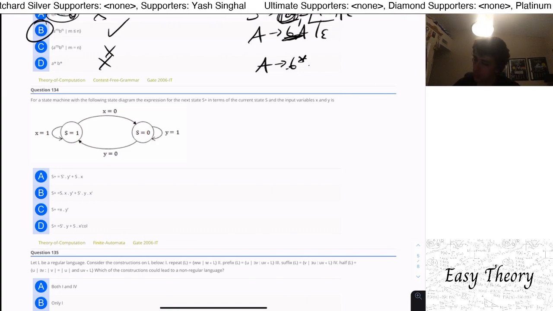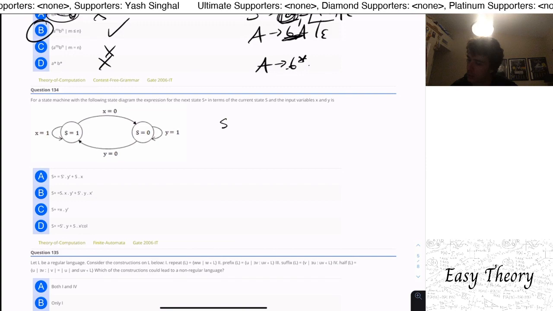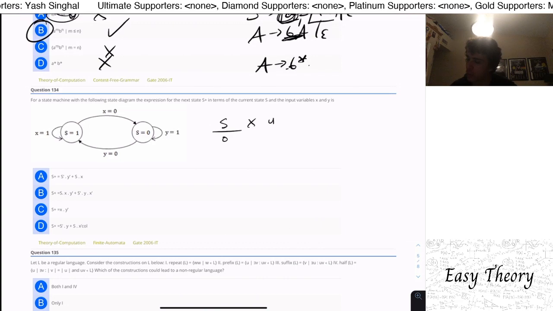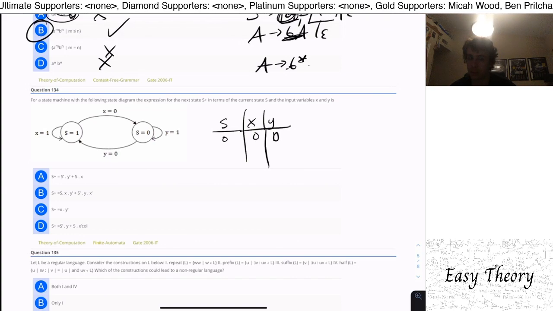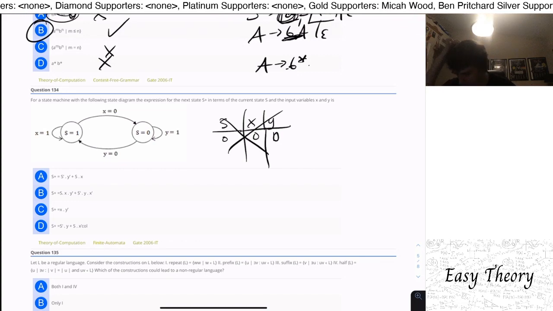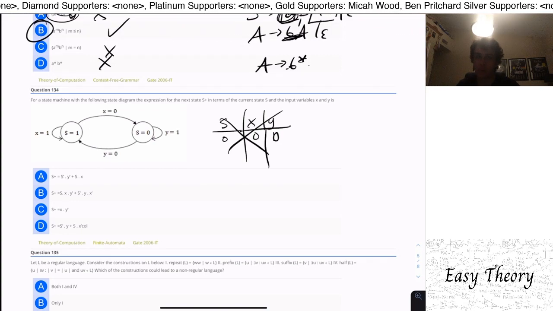So let's see, if we were in 0, so S, we could either be in 0 or 1, but the X and the Y variables can also be 0 or 1. Okay, yeah, I'm not sure how to answer this one. Maybe one of you can point me in the right direction for this type of problem.